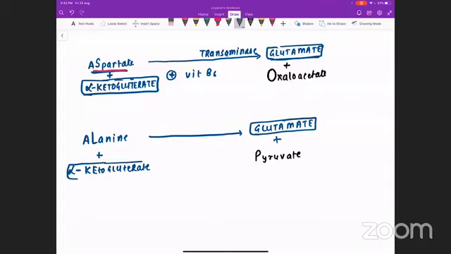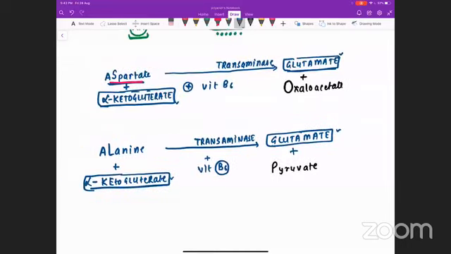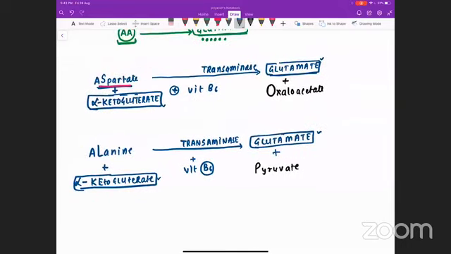In every transamination reaction, the alpha ketoglutarate is going to be there. The name of the enzyme is transaminase, and we are going to require PLP or vitamin B6. So the blue color thing is always going to be there in any transamination reaction, whether it is alanine or aspartate. So what we need to remember is the substrate and the co-product.